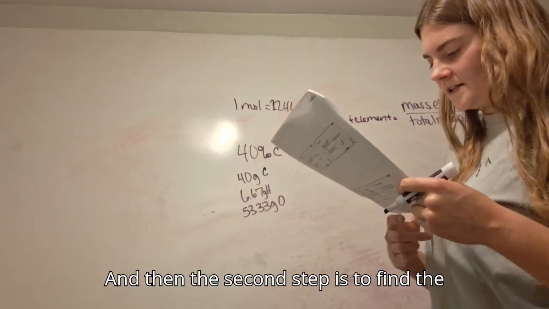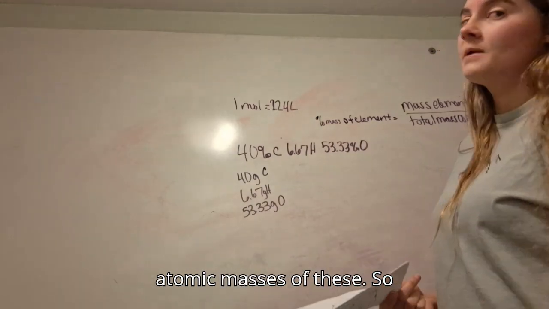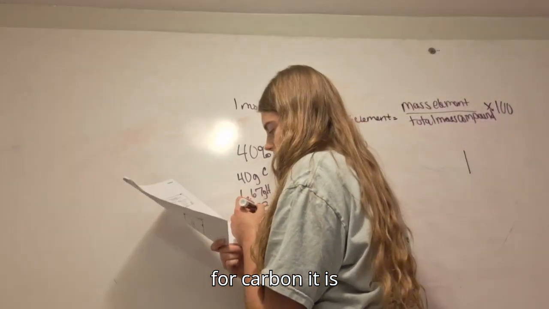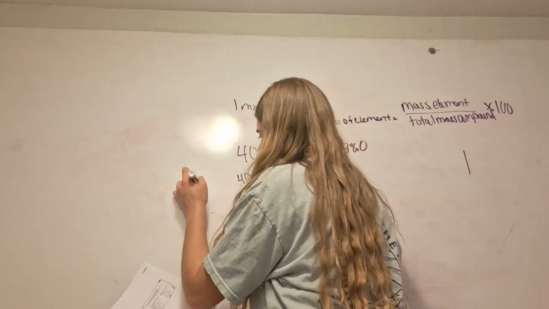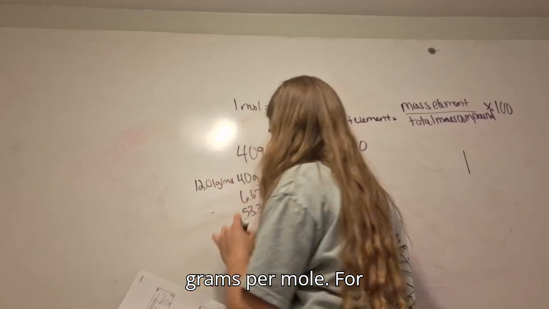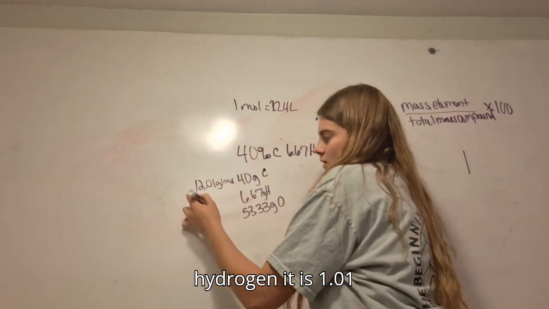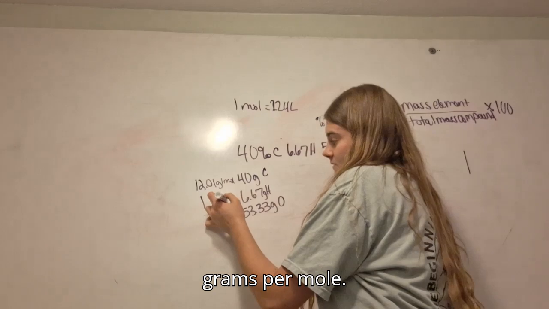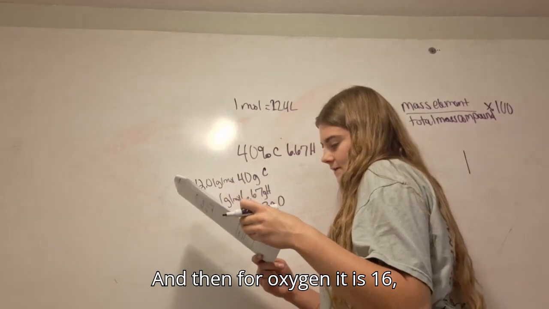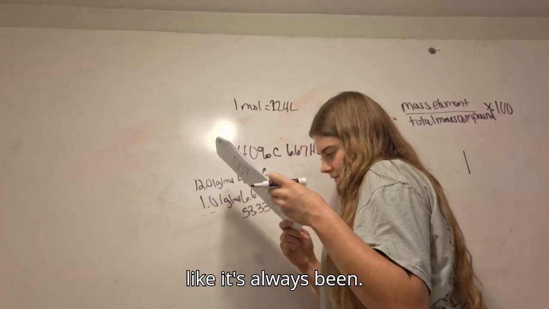And then the second step is to find the atomic masses of these. So for carbon, it is 12.01 grams per mole. For hydrogen, it is 1.01 grams per mole. And then for oxygen, it is 16, like it's always been.